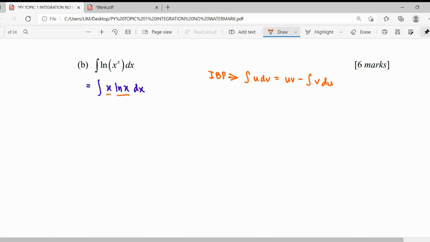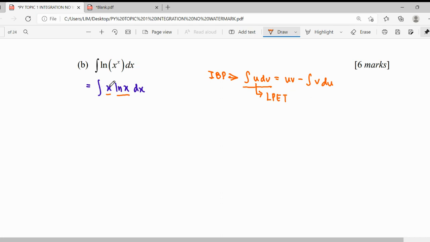From our questions, we have to identify which is the part u and which is the part dv. To identify our part u, we have the rule of selecting the function, which is LoPAC. Our priority goes to logarithm, then polynomial, then exponential, then trigonometry.